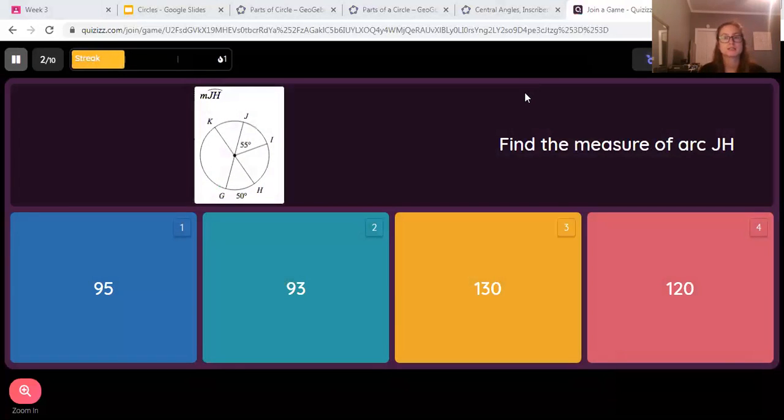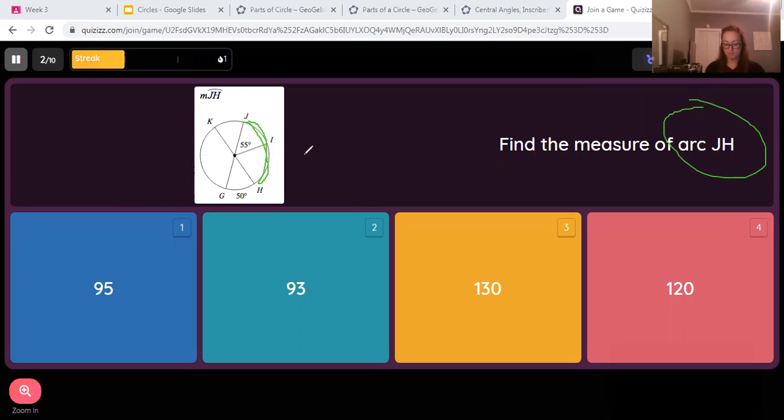All right. So this one wants the arc JH. So let's look at JH. It's from here to here. All right, I see another semicircle thing happening here.